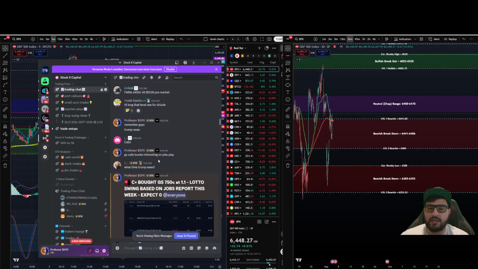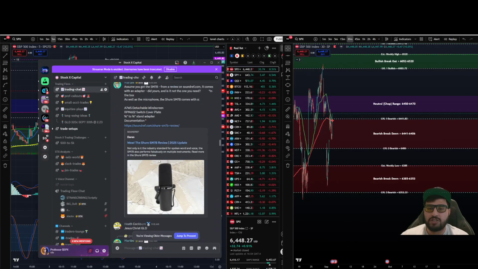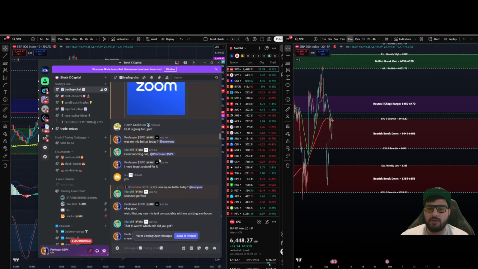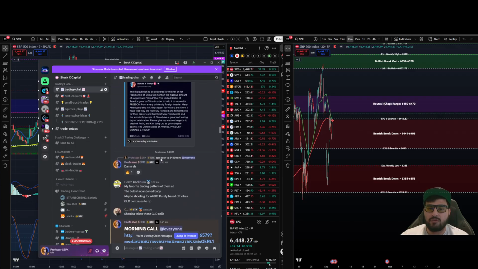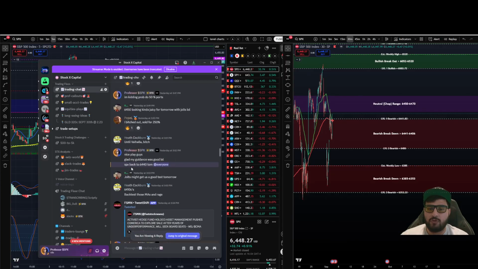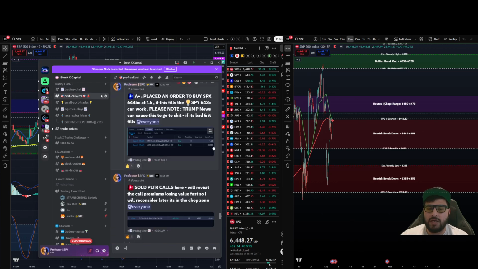So if we go back in time here, I mentioned exactly right over here that the market would see a ripper back to 64.40, and that was yesterday at around market close. So going back into this SPX trade, we said we want to buy 1.5. For the people that play SPY, we said 643 calls can work, okay? Now, our SPY traders are very important to us as well.